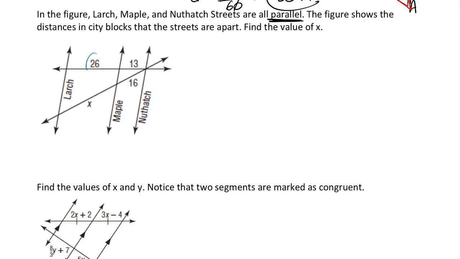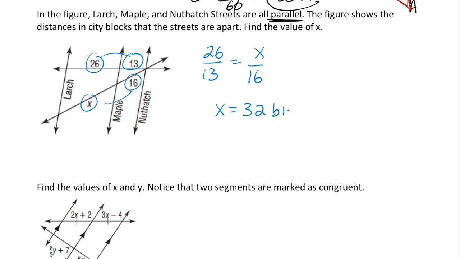We could say 26 over 13 would equal x over 16. So that looks like double. It looks like x is going to be 32. And I guess the units are blocks. 32 blocks.